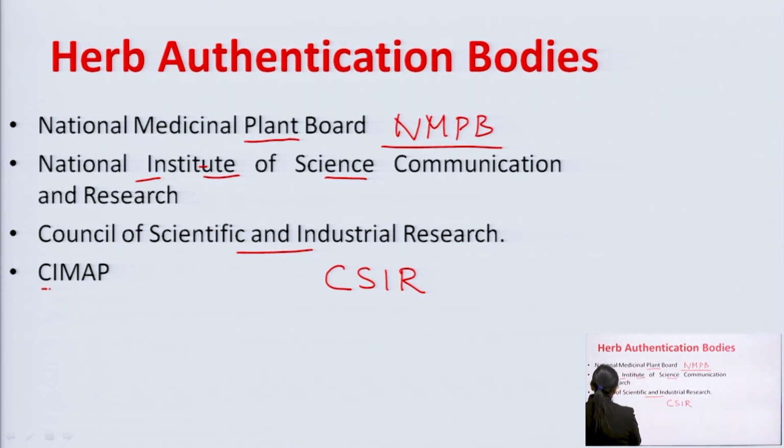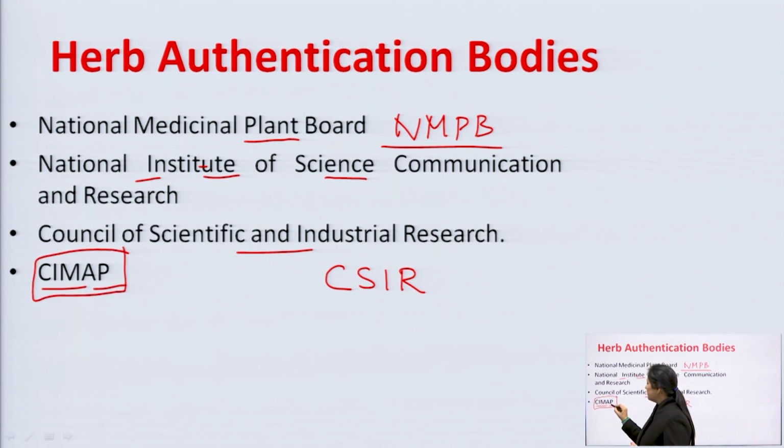Then we have CIMAP, the Central Institute of Medicinal and Aromatic Plants, situated in Lucknow. This is a frontier organization which deals with research in medicinal and aromatic plants. This CIMAP also comes under the CSIR, and NISCAIR also comes under the CSIR.